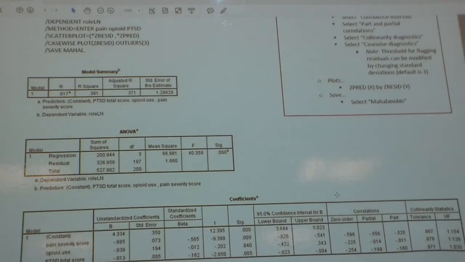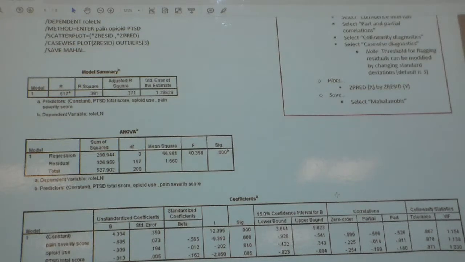So if we think about how far we are off from our predicted value, you can quite literally think about this as, on average, I would expect an observed value to be about 1.3 units away from the predicted value. Right?